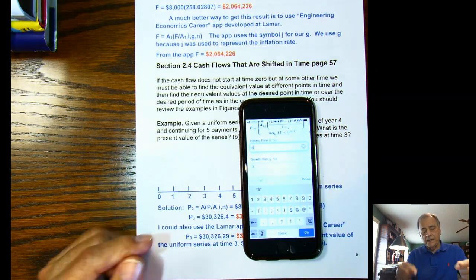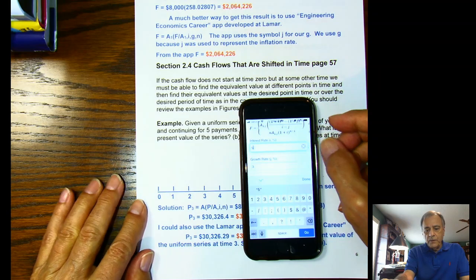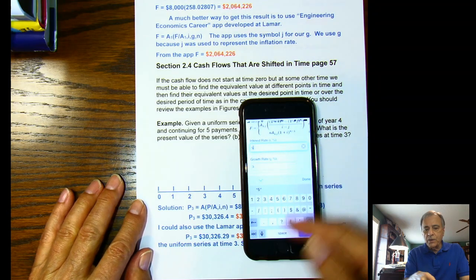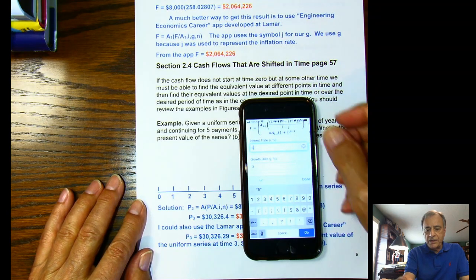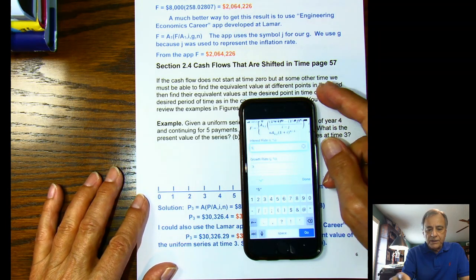By the way, the app uses the symbol j where we're using the symbol i. And we're using the symbol g, a little lowercase g, for a geometric gradient series. So where they're asking for j, we're going to put in g, the rate of change of the series.